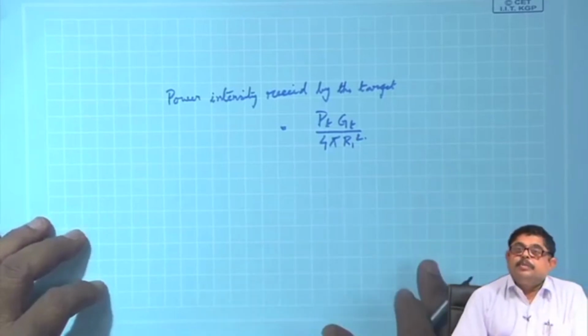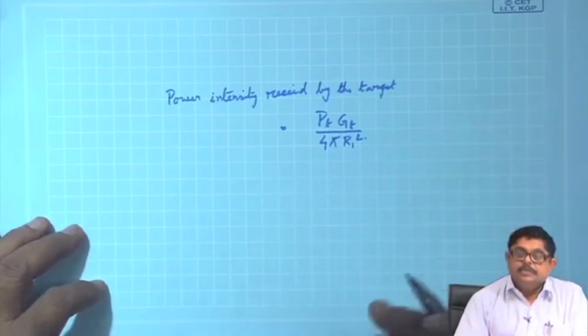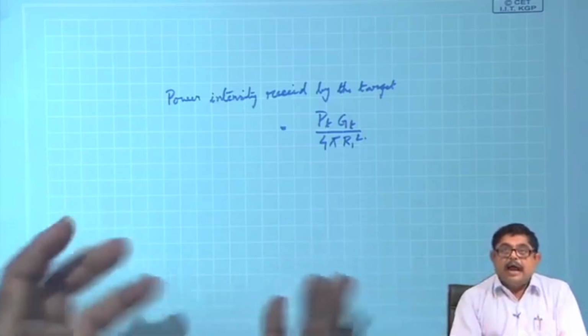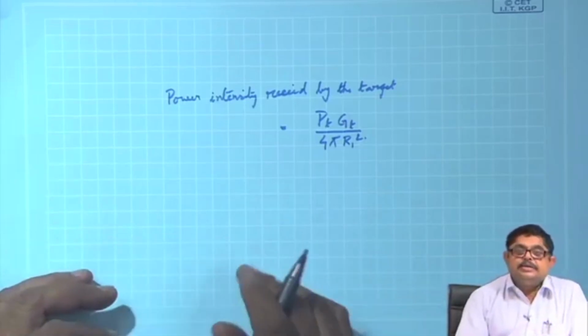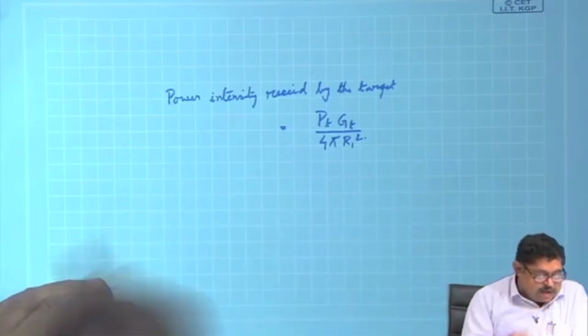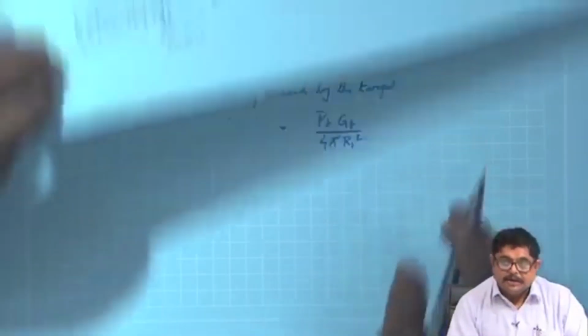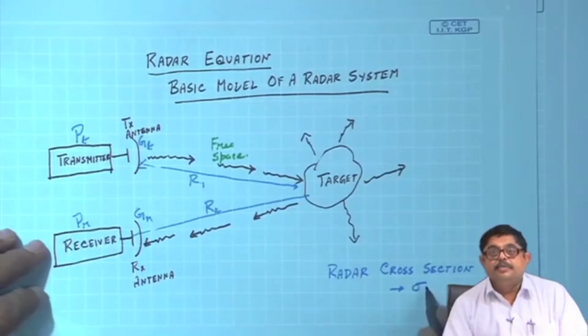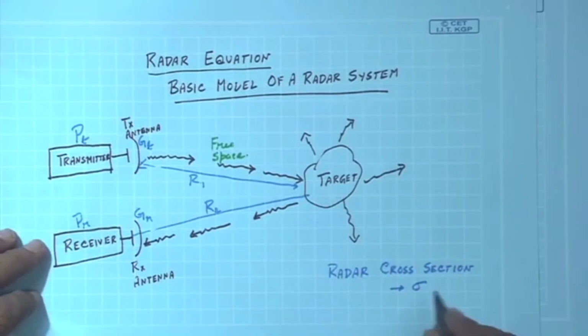Now, as I said, the target intercepts this power and re-radiates or scatters the power in the direction of the receiver, and let us say that the radar cross section of this target is sigma.